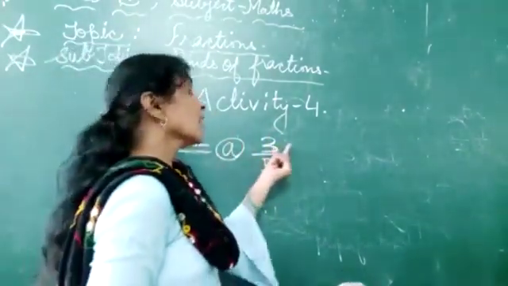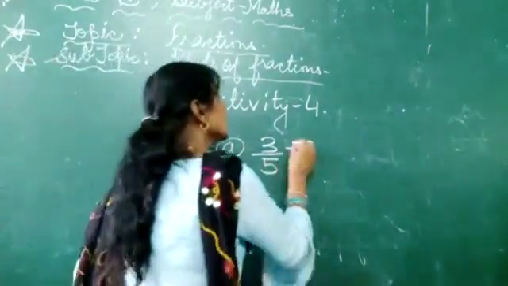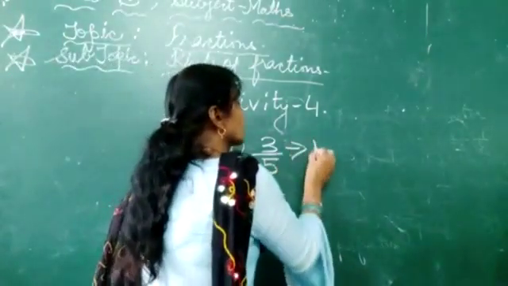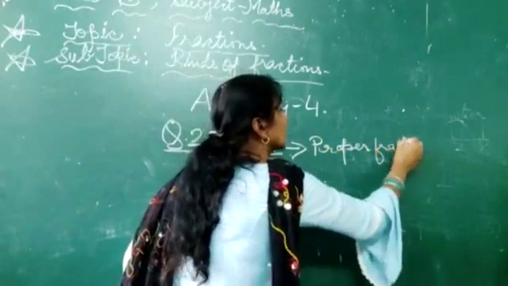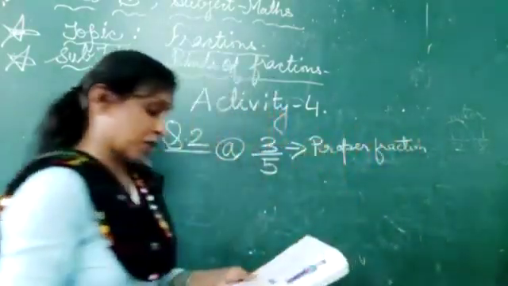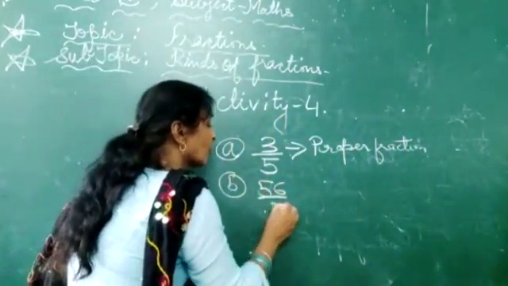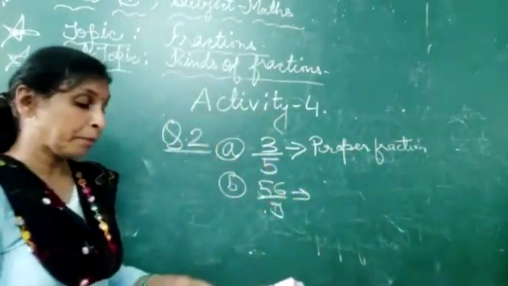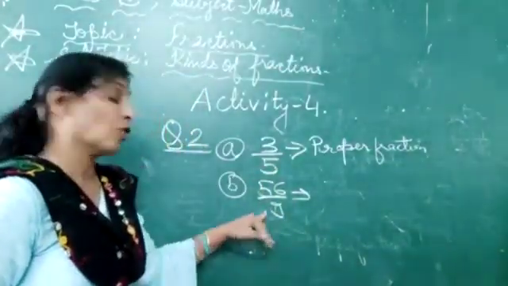Here you see the numerator is less than the denominator, so this fraction is the proper fraction. We write it here, proper fraction. Now the next one is 56/9. Here you see that the numerator is greater than the denominator.